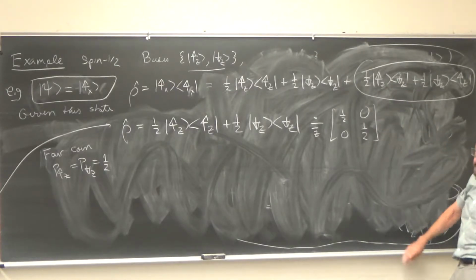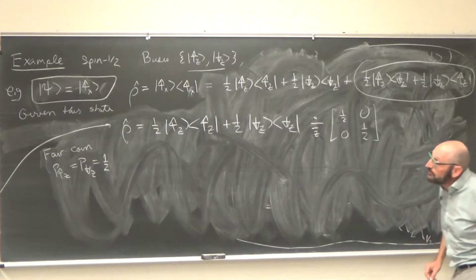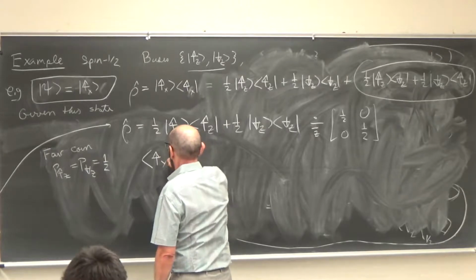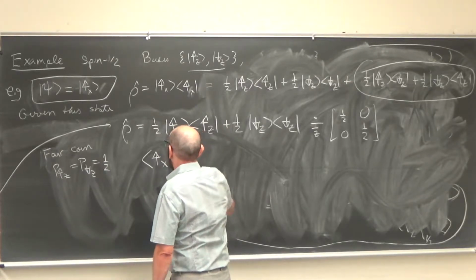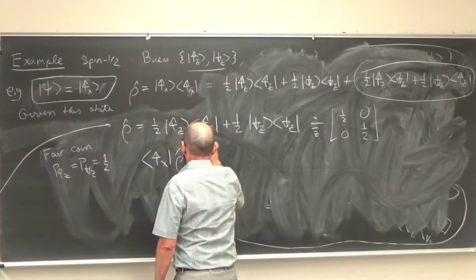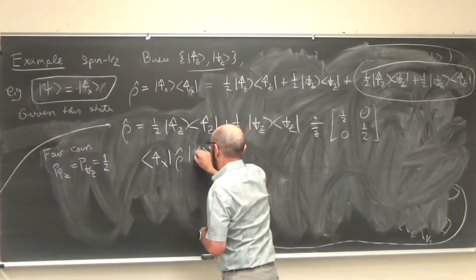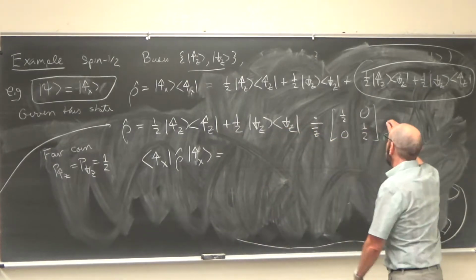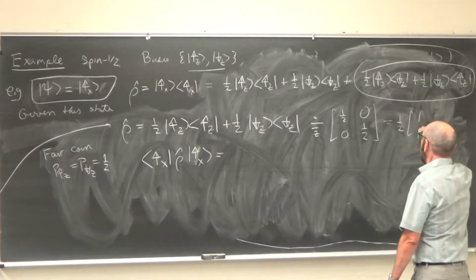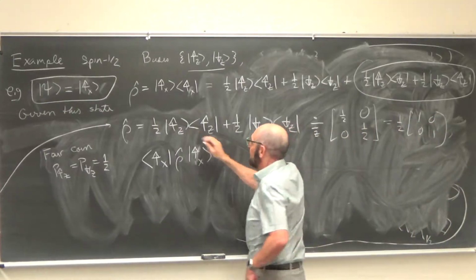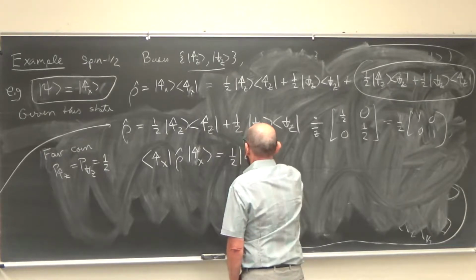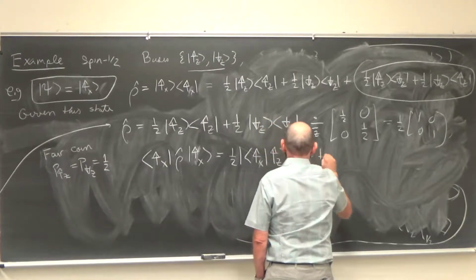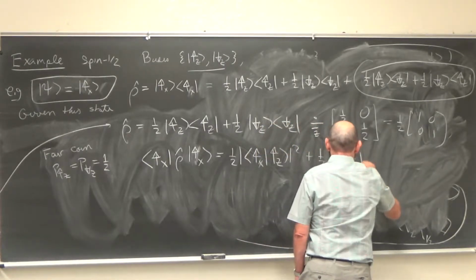What about in this case? It's not even half that. Let's just do it, just for the heck of it. There are lots of ways to see this. Of course, this is 1/2 times the identity. But let me just be very quick here and write this as a half times this plus a half times that.